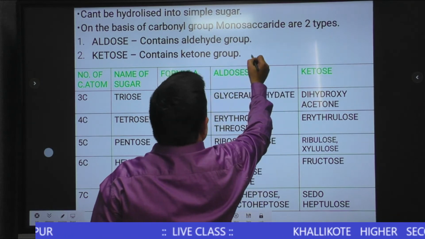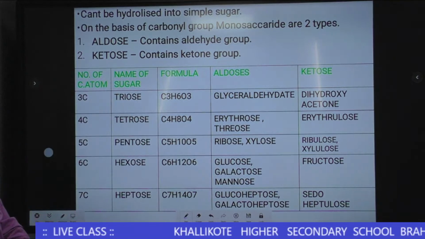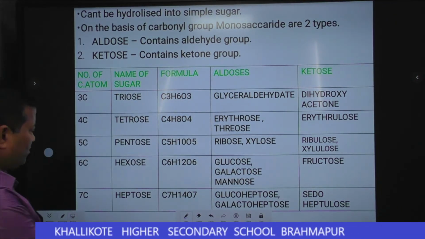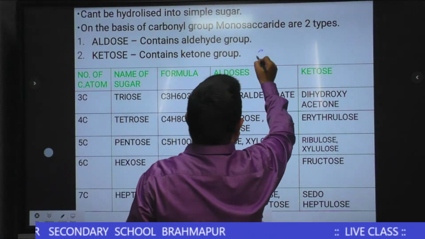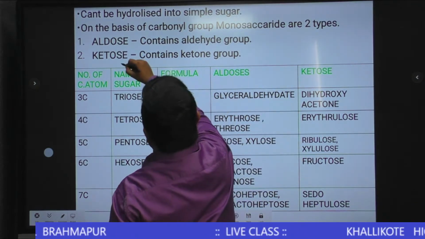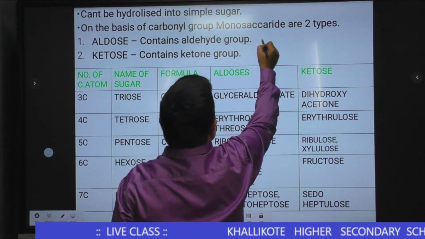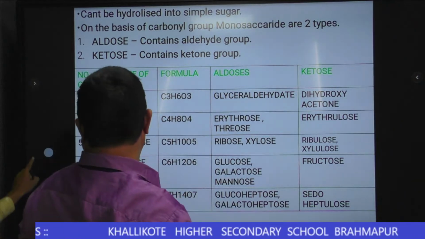Similarly, the ketone group is C double bond O. If the ketone group is present, the monosaccharide is a ketose sugar. If it contains an aldehyde group, it is an aldose sugar.